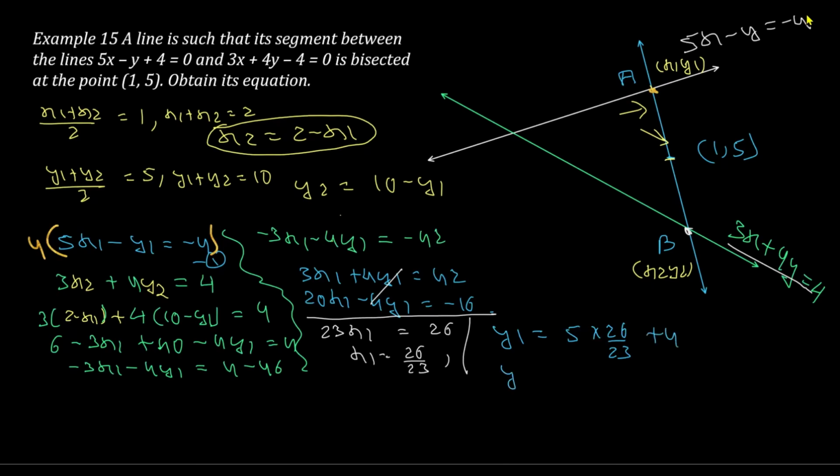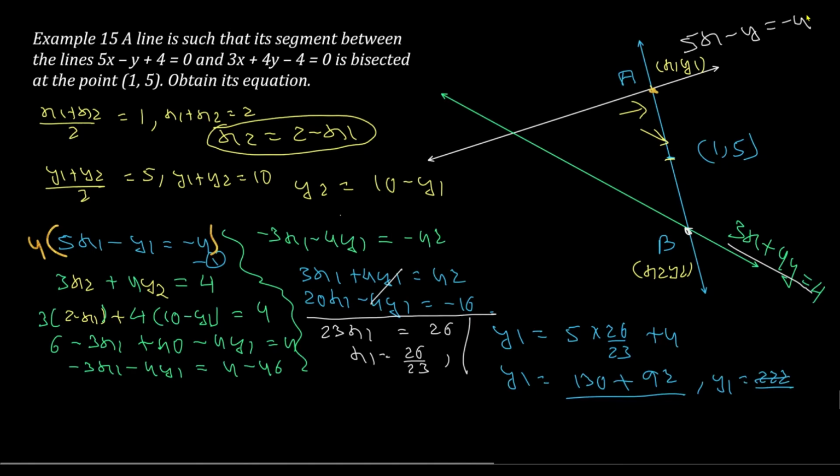So y1 should give you 130, and if I take LCM as 23, 23 multiplied by 4 will give you 92.